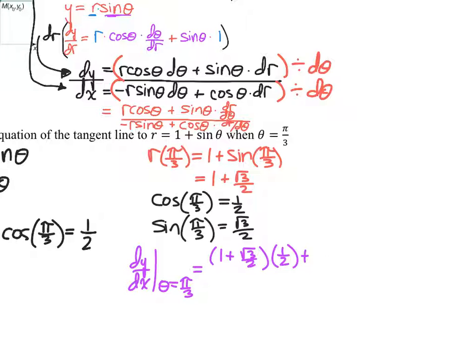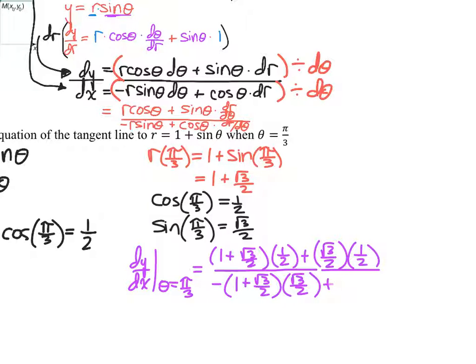The sine value is root 3 over 2. The derivative, we figured that out, is 1/2 over the denominator. So we're talking negative r, so negative parentheses 1 plus root 3 over 2, times the sine value, root 3 over 2, plus the cosine value, 1/2, times the derivative value, also 1/2.